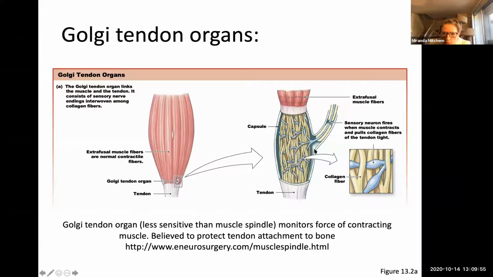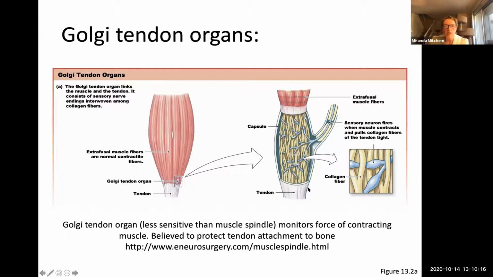And what happens when they contract, see how they're organized, the two fibers are organized oppositely. So when the sensory neuron contracts, it pulls the collagen. That's what the yellow spaghetti-looking part is, it's collagen. And it pulls it, and that's the stimulus of this response.